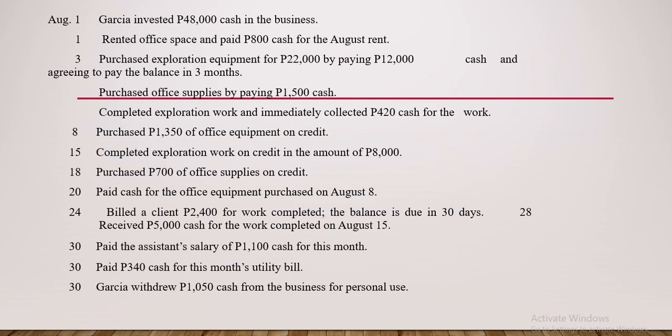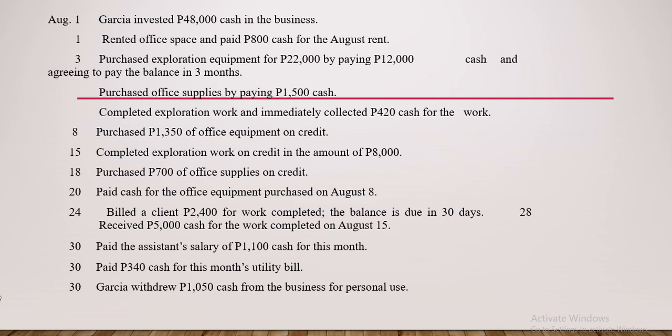And August 8, purchased 1,350 of office equipment on credit, utang. August 15, completed exploration work on credit in the amount of 8,000, purchased 700 pesos of office supplies on credit, utang pa rin, paid cash for the office equipment purchased on August 8.